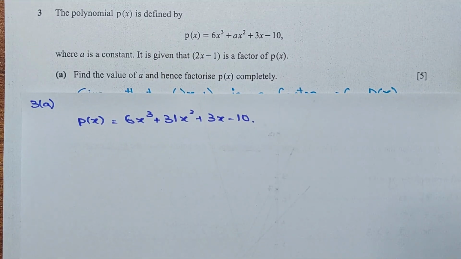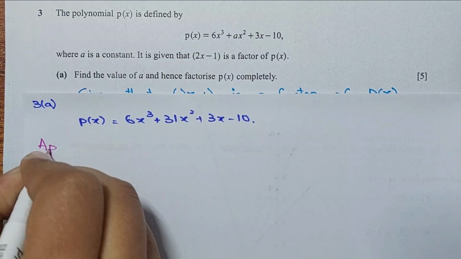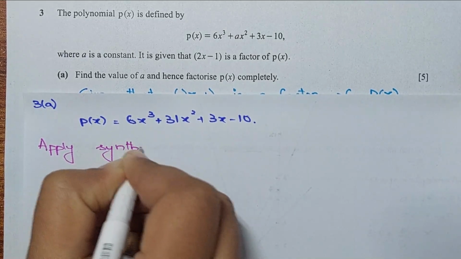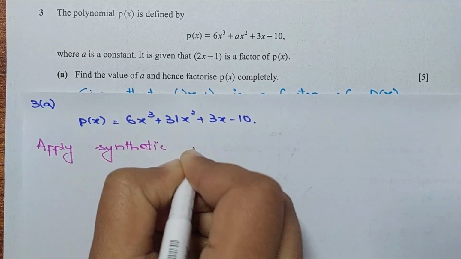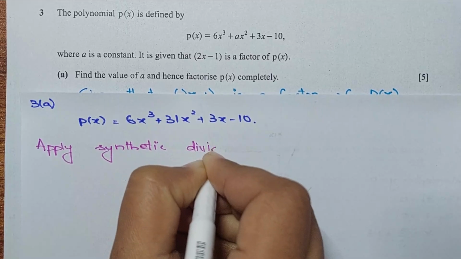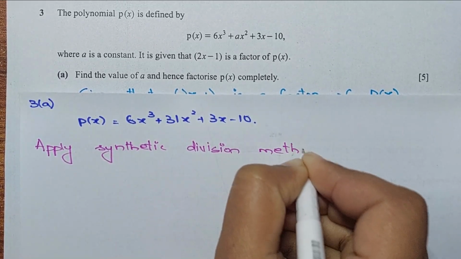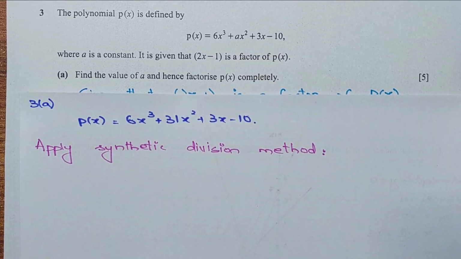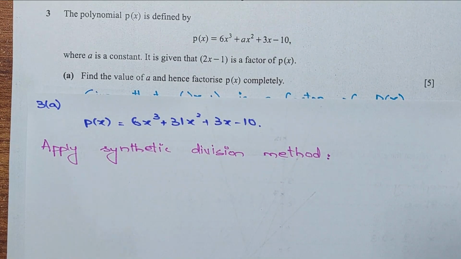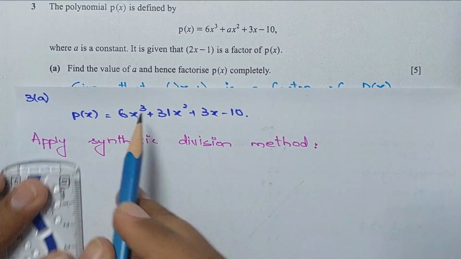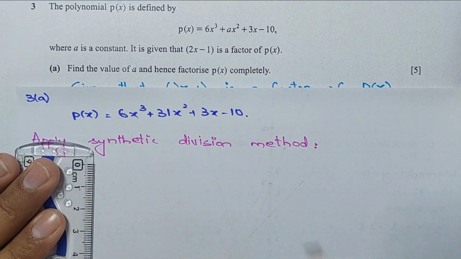So here we can apply the synthetic division method. Synthetic division basically reduces the power of the polynomial. So this is a cubic polynomial, and it reduces it to a quadratic, right?